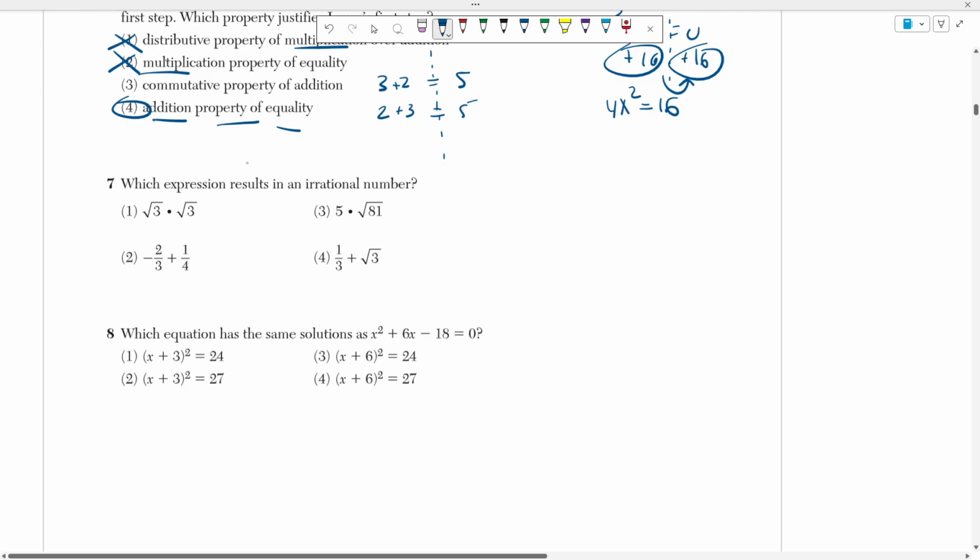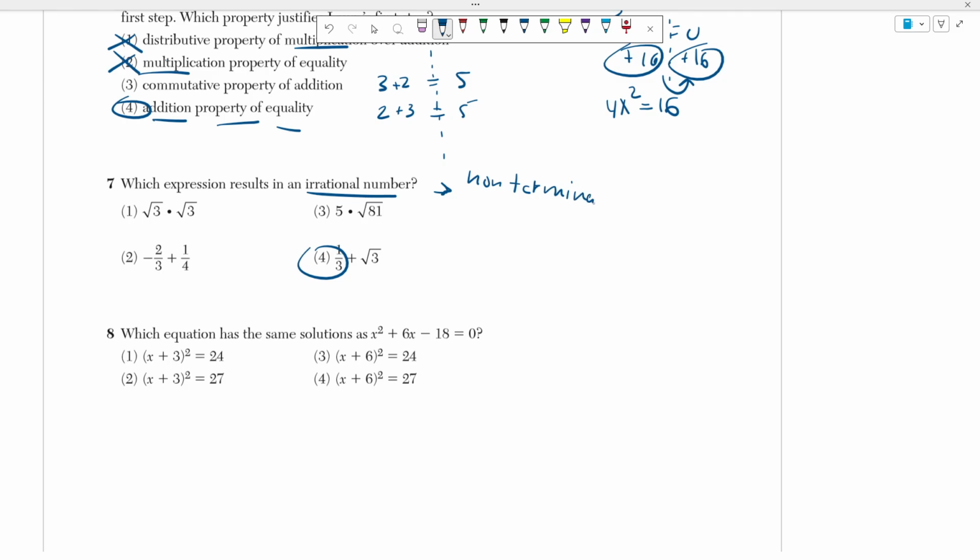Number 7 asks us which expression results in an irrational number. The clear answer here is 4. An irrational number is going to be a number that cannot be expressed as a fraction, and has a non-terminating, non-repeating decimal, and can't be written as a fraction.